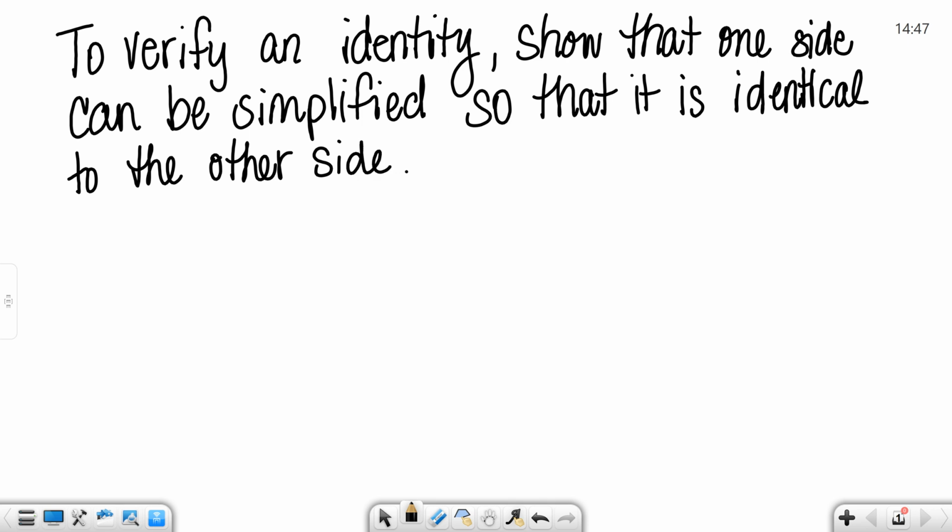For the majority of these, we are only going to be working with one side of our equation. Further along, we will have to work with both sides, but it's always best if we can start with one side and see if we can simplify it to equal the other side.